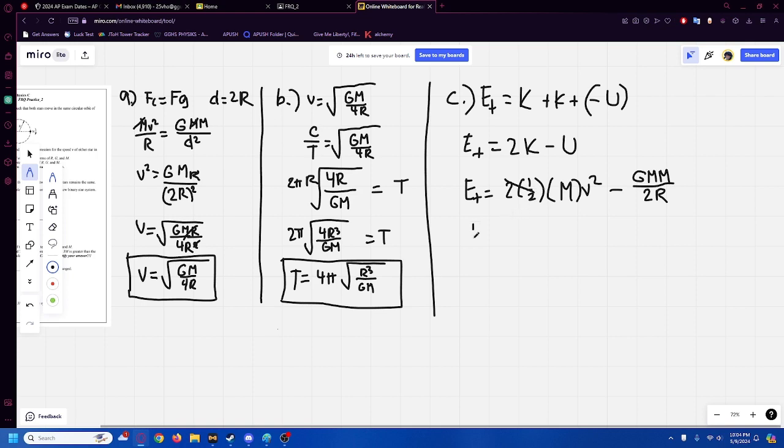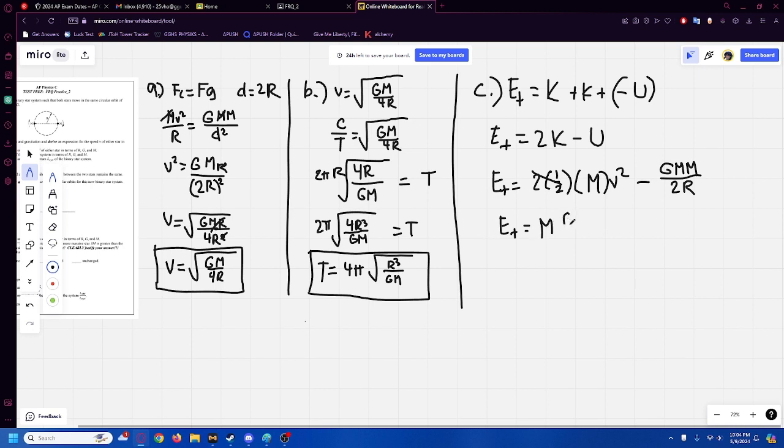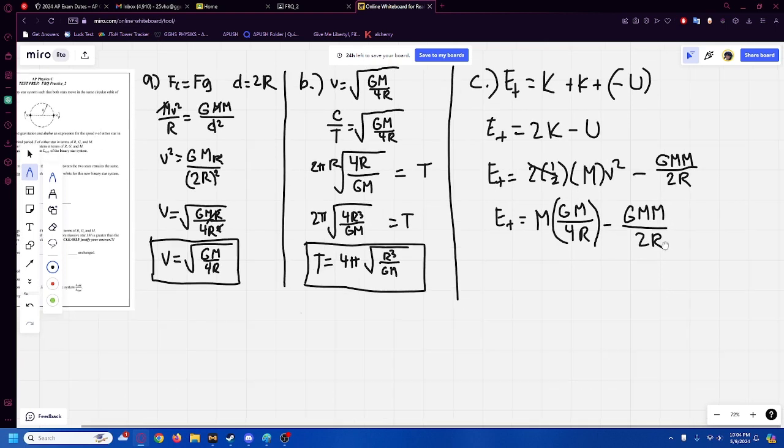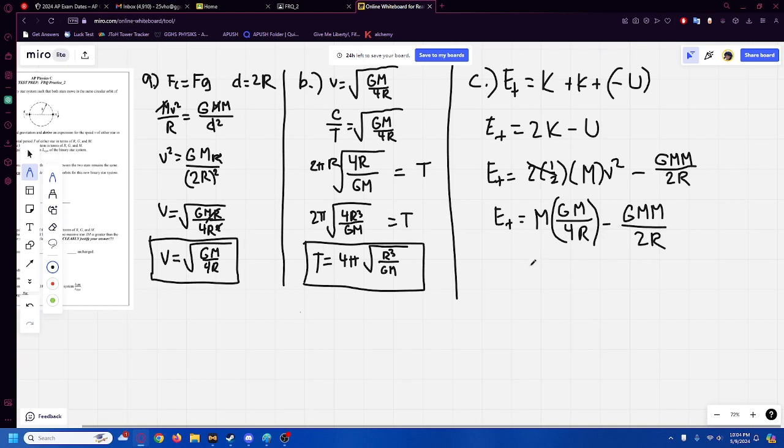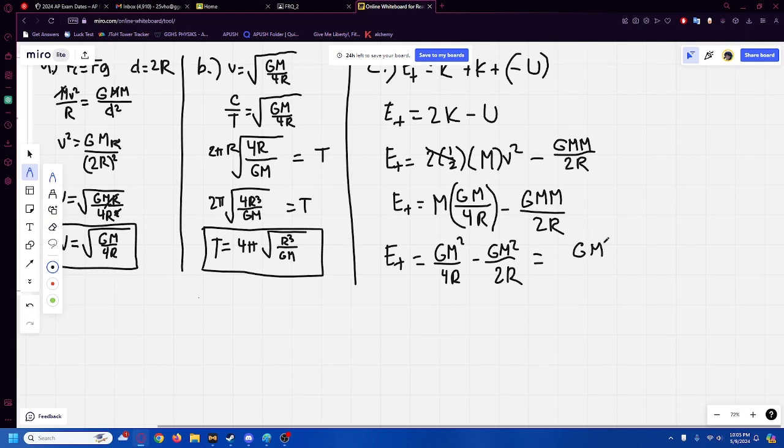This cancels out, so E total is equal to mv squared, which is GMm over 4r, minus GMm over 2r. They all have the same variables, so you can subtract, and this is equal to GMm over 4r, and it is negative for part C.